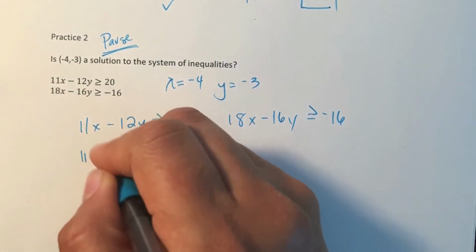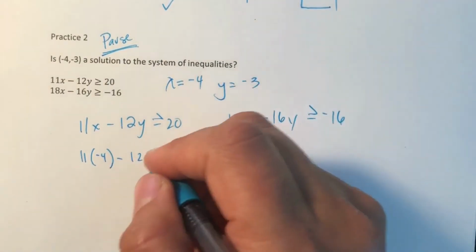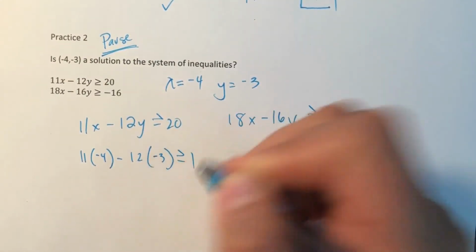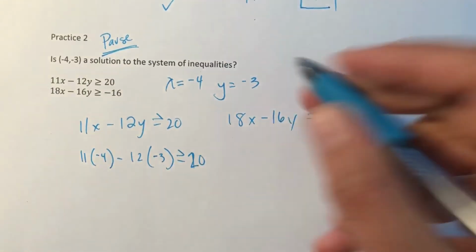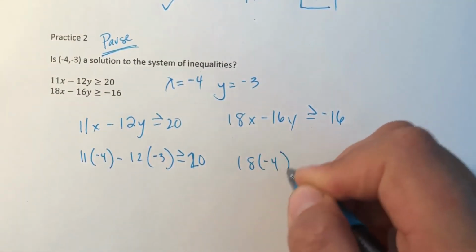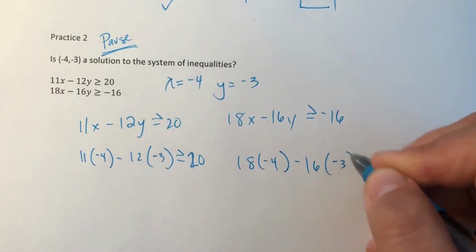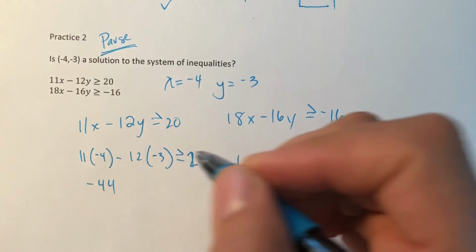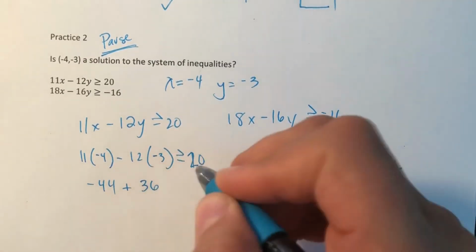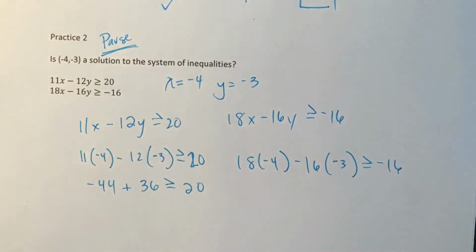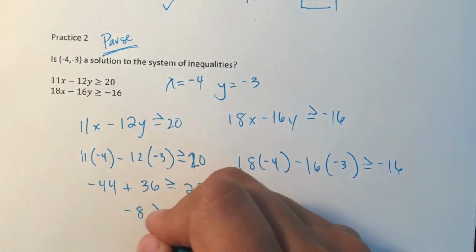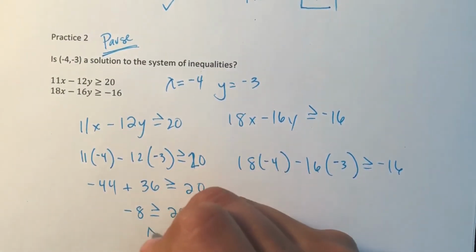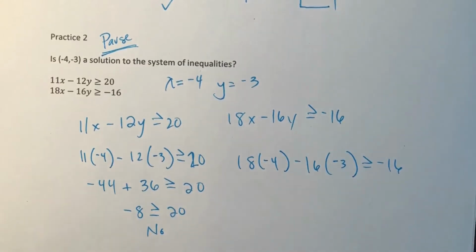So 11 times negative 4 minus 12 times negative 3. 18 times negative 4 minus 16 times negative 3.